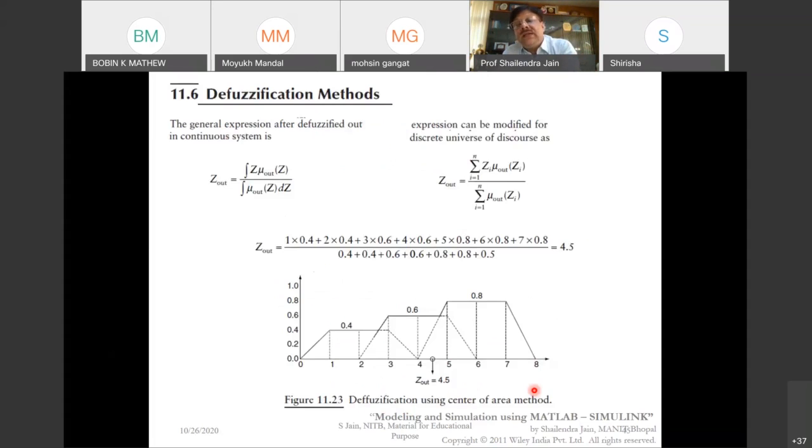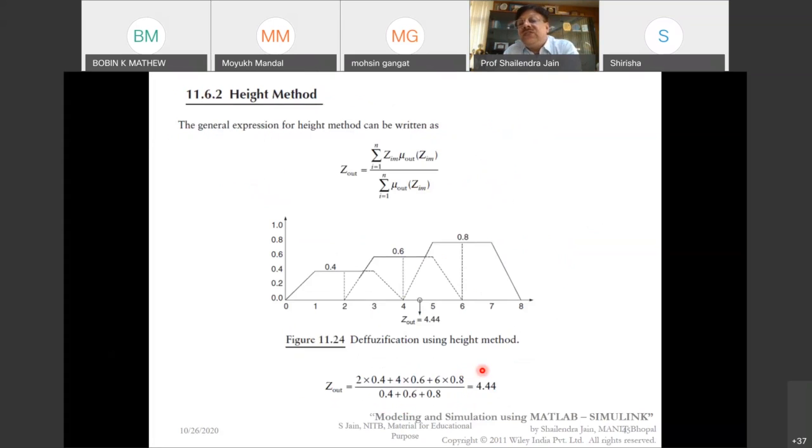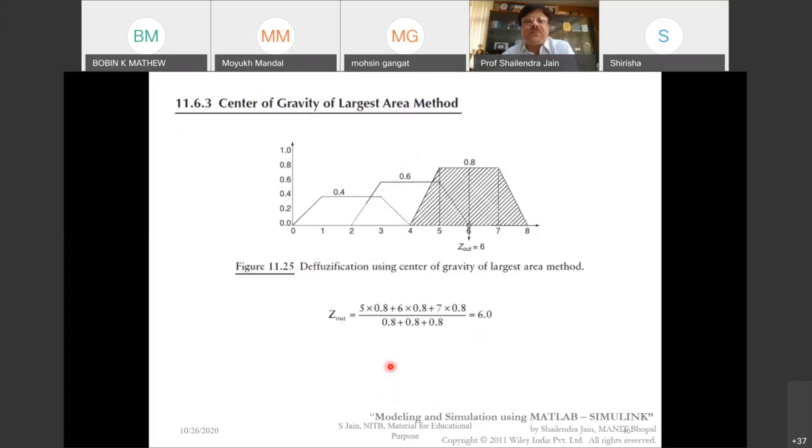In the previous case my output was 4.5, whereas in this case it is 4.44. It's relatively close, and in this case my complexity is much less. With less mathematical manipulation, I'm able to get a similar result. So generally in discrete systems, when you have to implement your control digitally, we will prefer these types of methods.